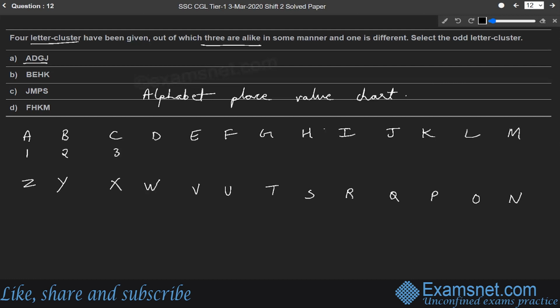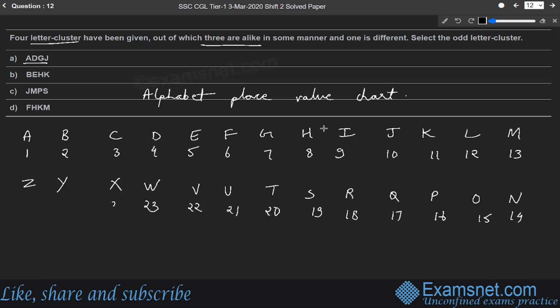Similarly, it will be 3, 4, 5, up to 26. So we have written the positional value of all the alphabets. So now this alphabet place value chart is completed. This is the basic concept that we have to use for this question.